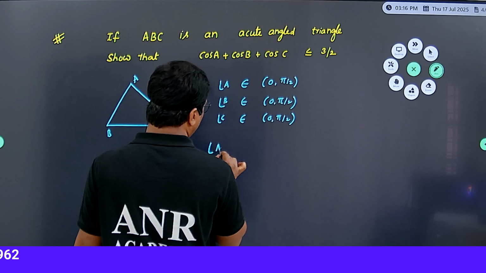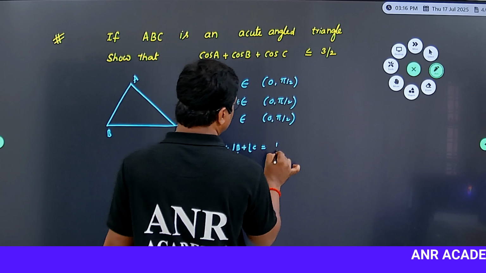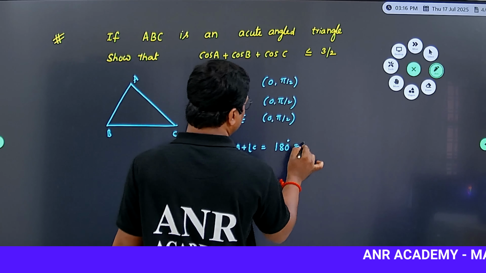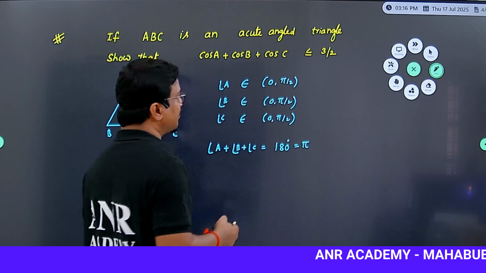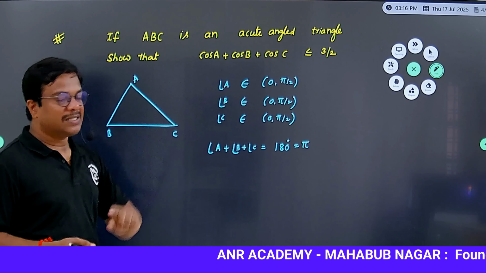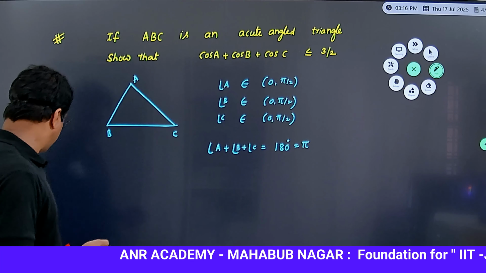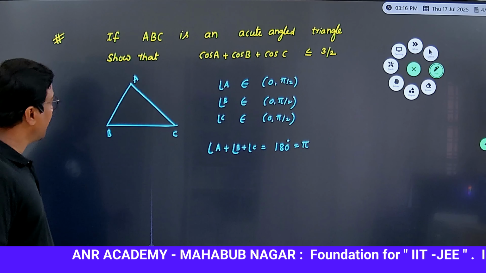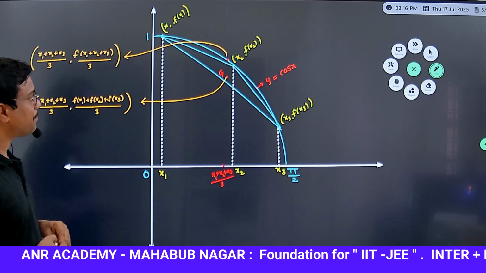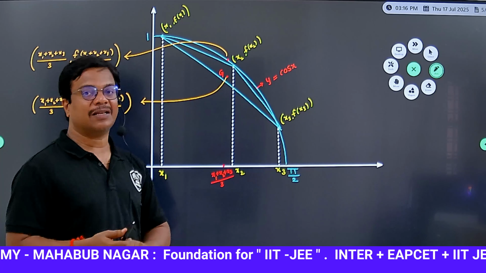And the sum of internal angles of a triangle, we know that A + B + C is 180 degrees, or it is pi. Our aim is to find cos A + cos B + cos C, which is less than or equal to 3/2. See this figure: x1, x2, x3.